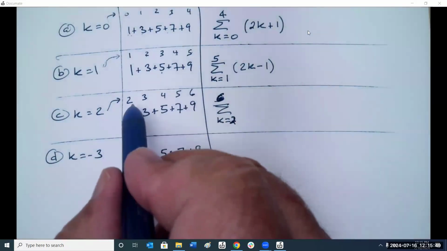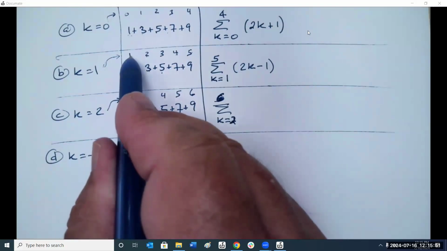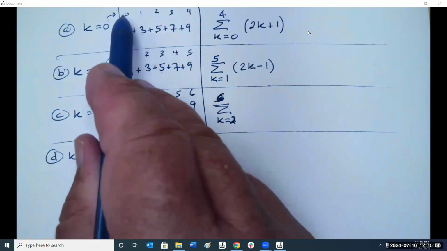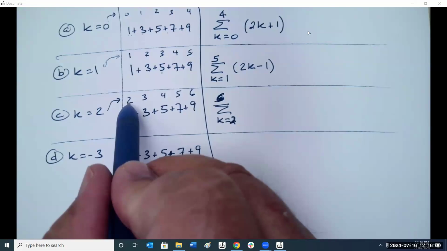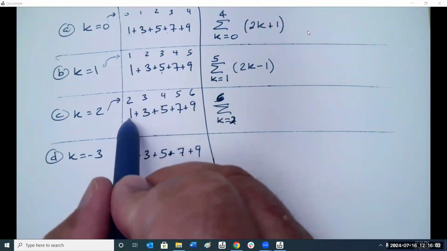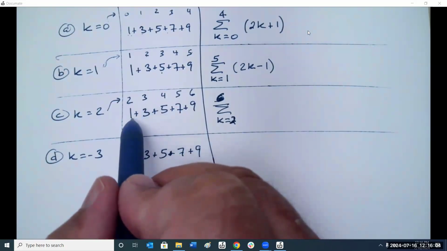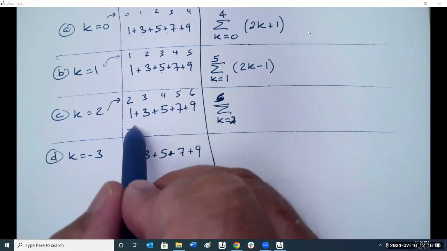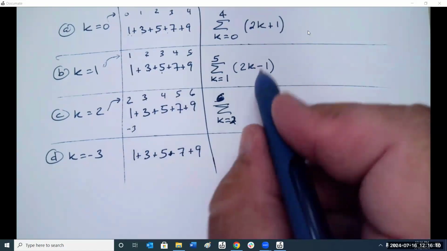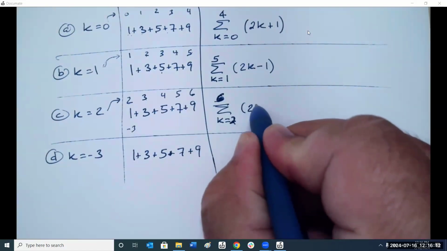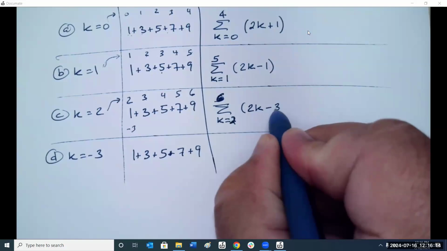All the other ones, we doubled it. So 2 times 1 is 2 minus 1. 2 times 0 is 0 plus 1. 2 times 2 is 4. How do we get 1? We minus 3. 2 times 3 is 6 minus 3. So 2 times k minus 3.